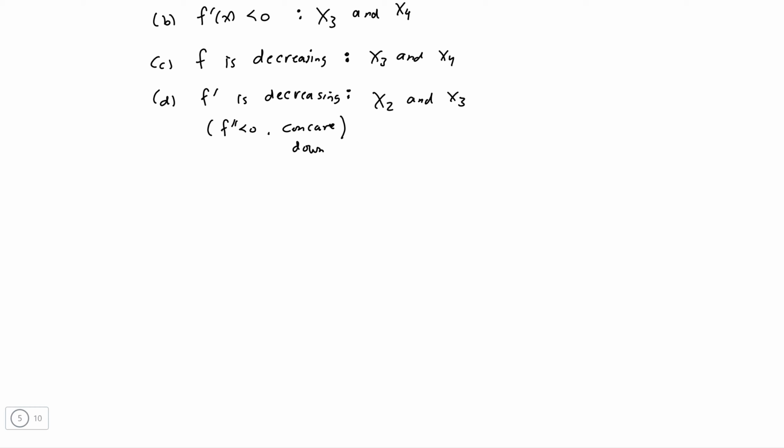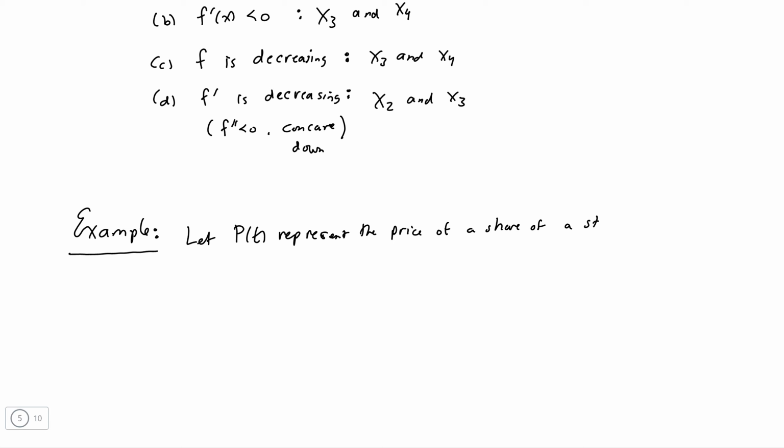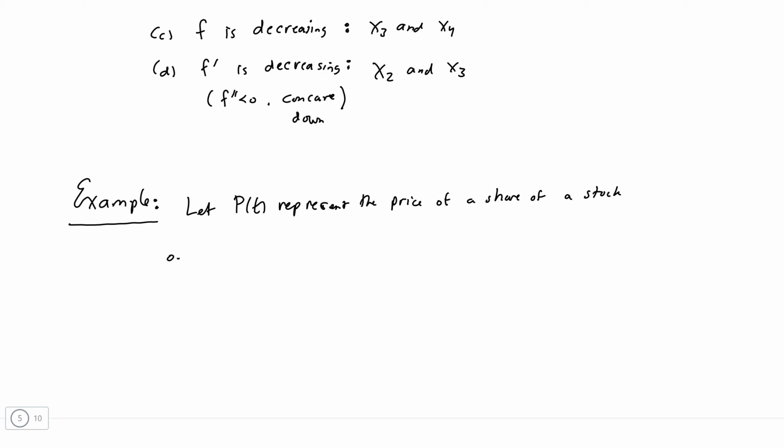Okay, let's try a couple more examples. Our P of t is going to be the price of some stock of a corporation at time t.